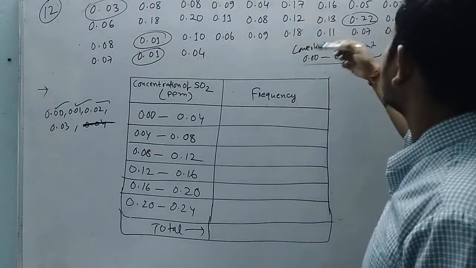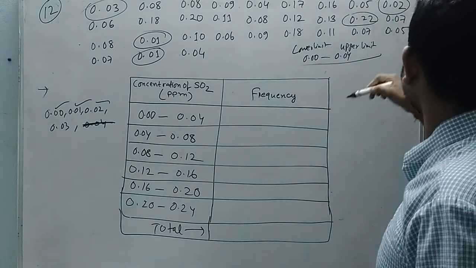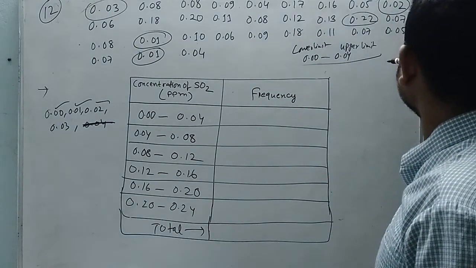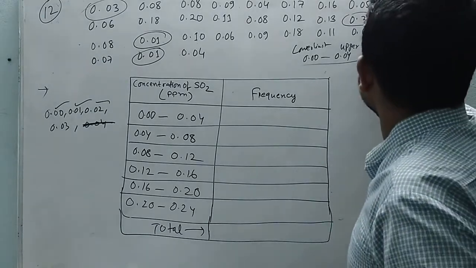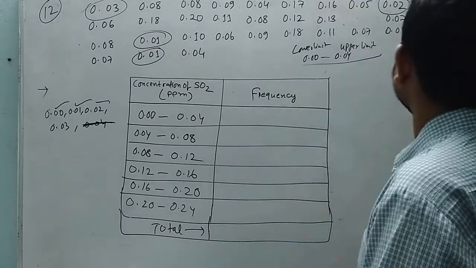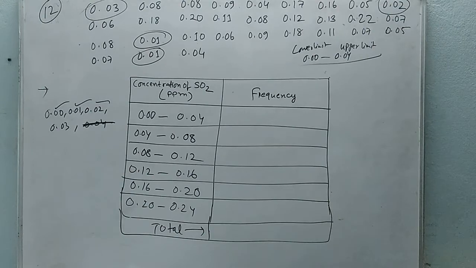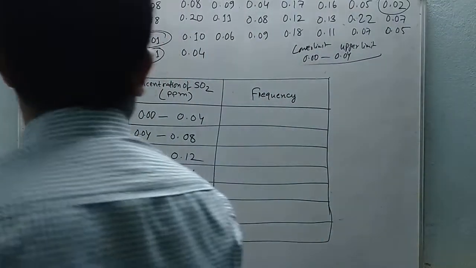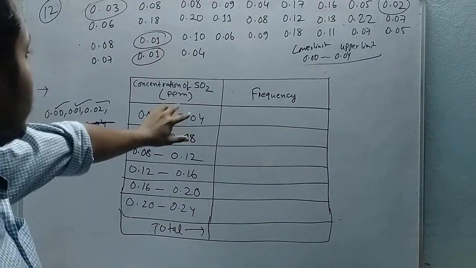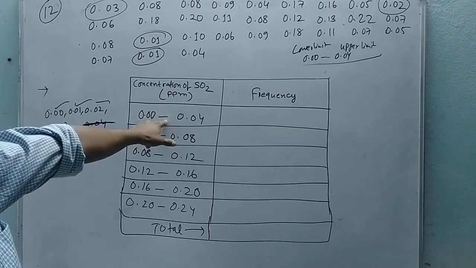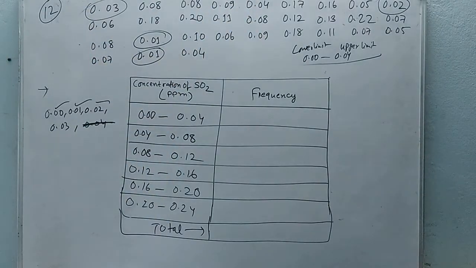Then yes, here 0.02. Then okay, fine, this one we cannot take because this one is 0.22. So how many numbers did we get? We got a total of 4 numbers, right, that fall in this range. 1, 2, 3, 4. 4 numbers.